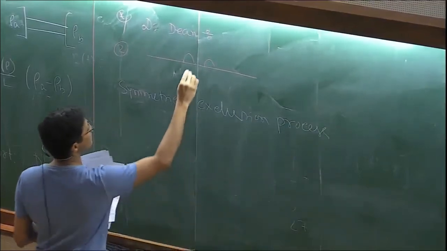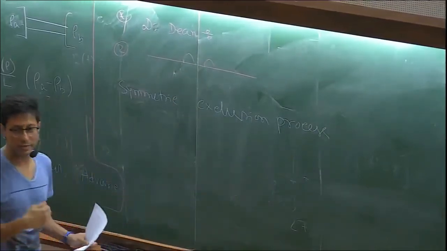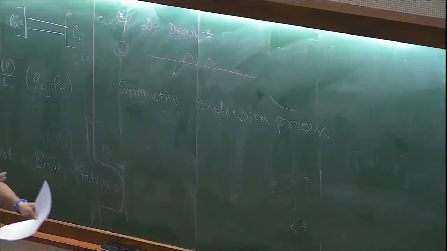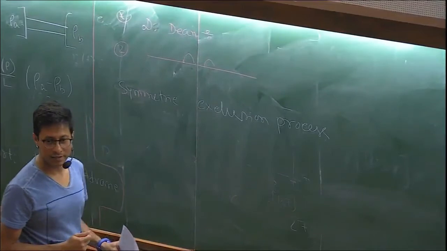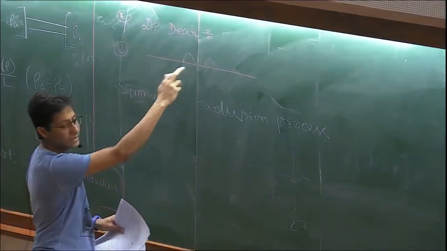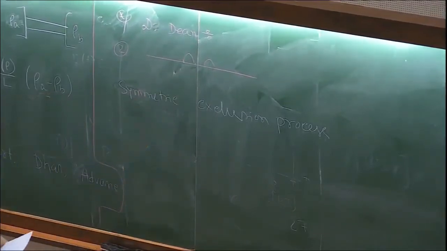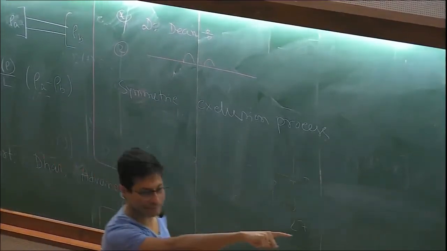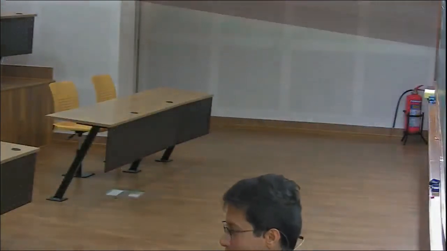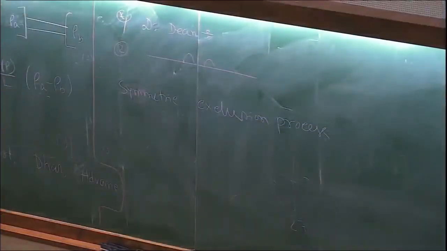The rule is that the particle jumps only to its neighboring sites with equal probability, so either of the neighboring sites, with the condition that the destination site is empty. Okay? So for this model, one could also prove this fluctuating hydrodynamic equation. So this equation is called the fluctuating hydrodynamic equation. So these two equations.